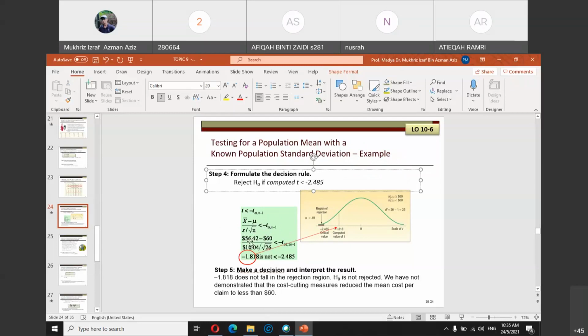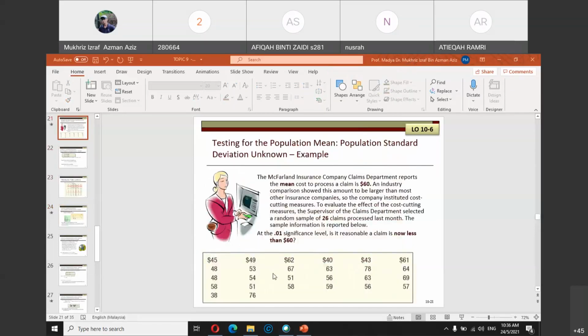Here, of course, the values that you see here, 56.42 and 10.04, these two values you must calculate manually. These are not given directly from the question, but can be calculated manually from this raw data. I'm not going to show you how to calculate this.